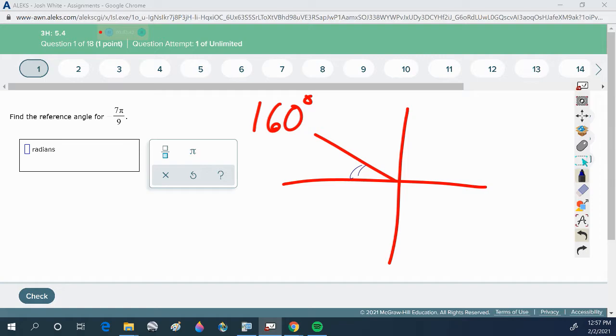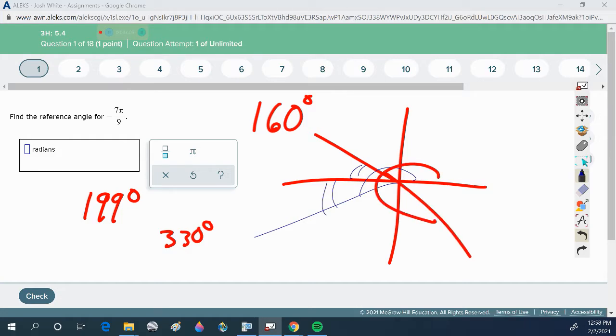If I had 199 degrees, where would that be? That's going to be in quadrant 3, right here, and the reference angle would be 19. And then if I had 330 degrees, that's going to be in quadrant 4. The reference angle would be this one, which would be 30 degrees.